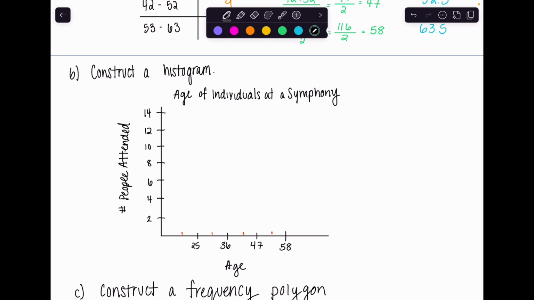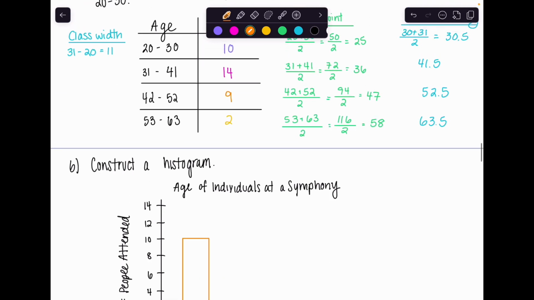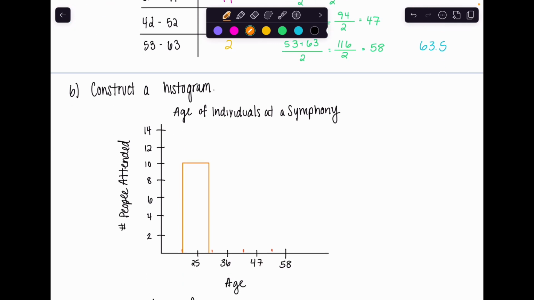So my first grouping had a frequency of 10. So I'm going to draw a bar that takes me up to 10. Okay. Then my next grouping had a frequency of 14. So I can connect these two bars and I just go up to 14. And again, they should all be the same width, but obviously as I'm drawing by hand, it's not going to be perfectly aligned at the bottom.